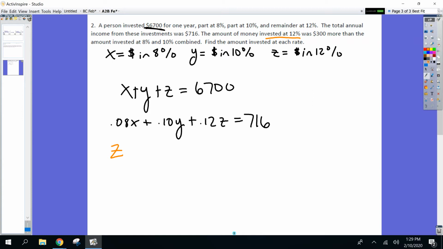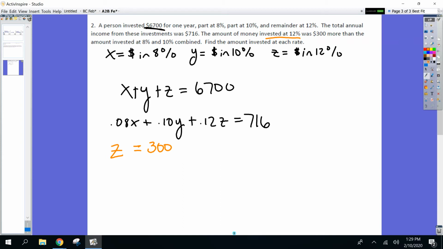I'm not done reading. What's the next part of this? Equals. That's what I was asking for. The amount of money at 12% was 300 more than. What's the more than symbol? Look, I already got an equal sign. I'm not going to put an inequality with it.